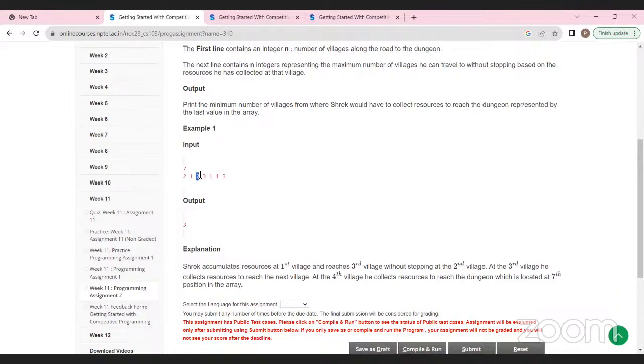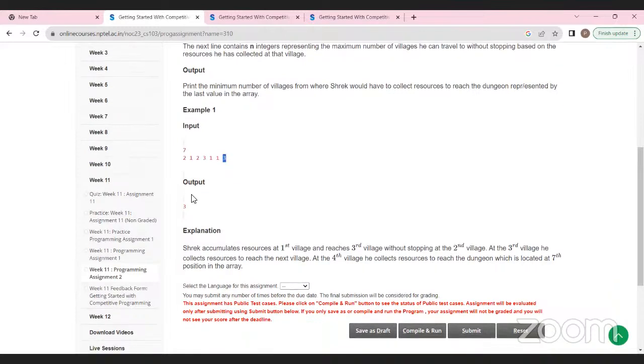Then Shrek would accumulate resources for the next village, and at that point he can collect all the remaining resources which would help him reach the last location. Hence the answer is 3.